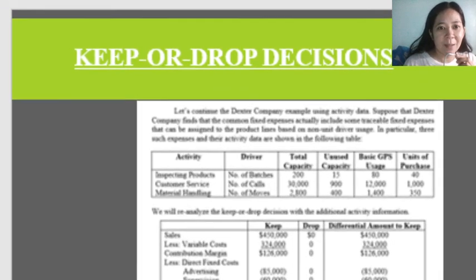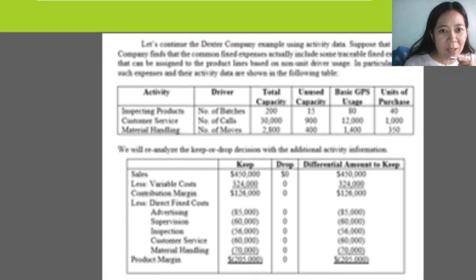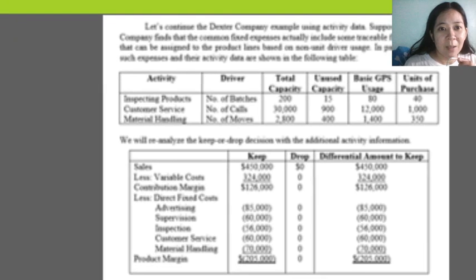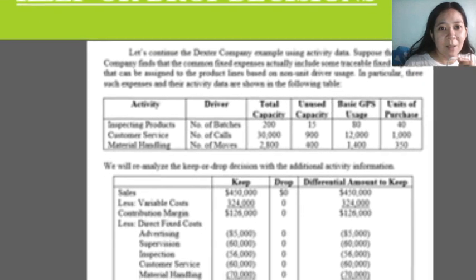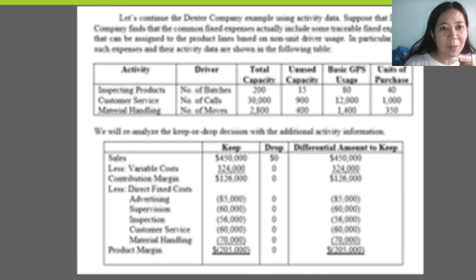So here, this is again for ABC cost management. If you could notice, there are activity drivers, just like what we have in our make or buy analysis under the ABC system.